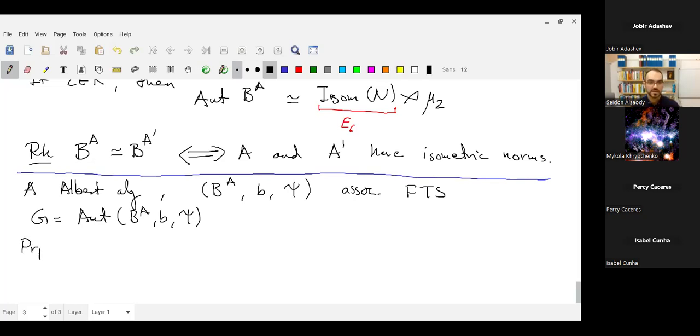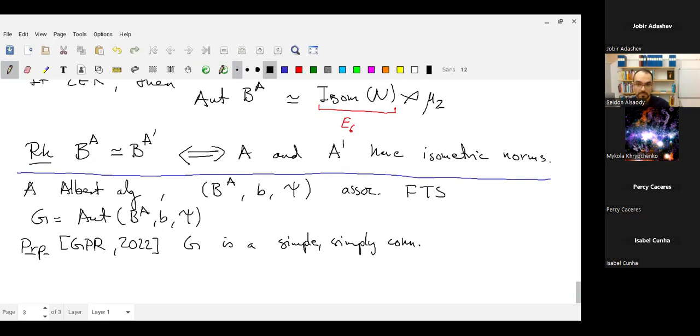So then there is a result by Garibaldi, Petersson, Racine in 2022 that says that G is a simply connected group scheme of type E7. So that's how groups of type E7 come into the picture.